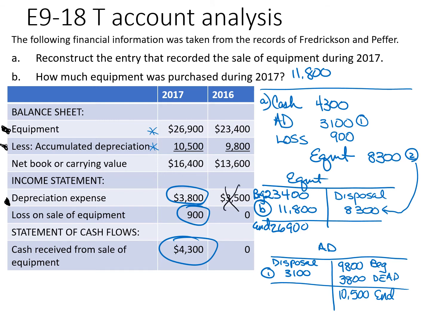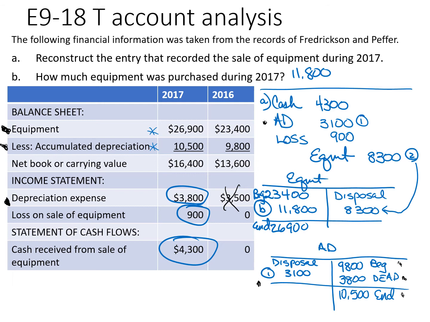Remember, 2016 we're going to ignore because that has nothing to do with this year's depreciation. And we can see that a beginning balance of 9,800 plus 3,800 does not equal the ending balance of 10,500. So we must have disposed of something. So that's the first thing we find here, number one, that the depreciation on the asset we disposed of was 3,100. So we're going to put it in the entry to recognize the disposal.